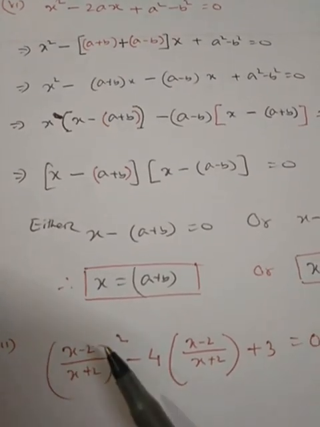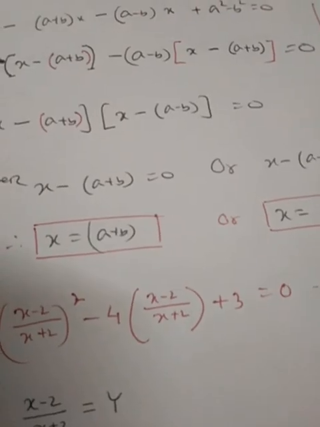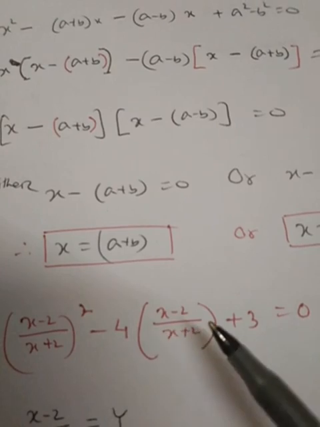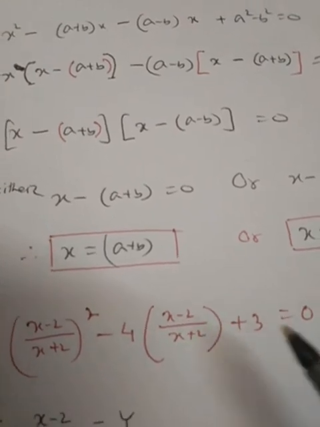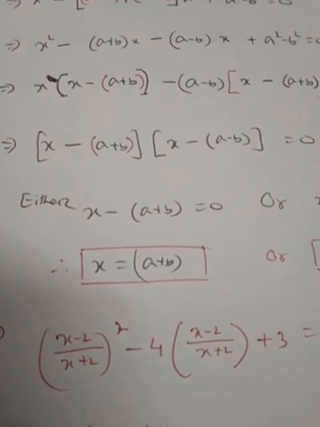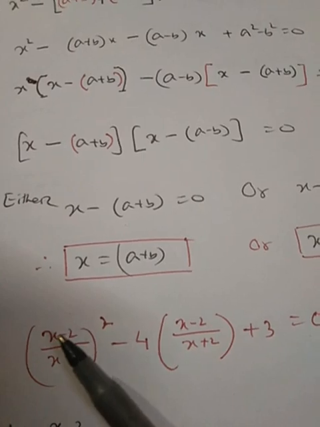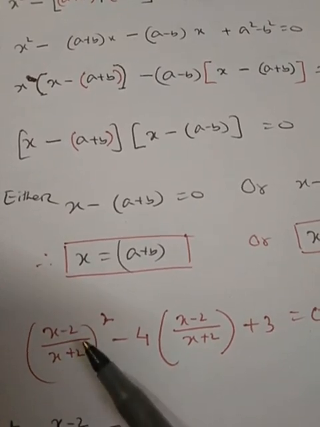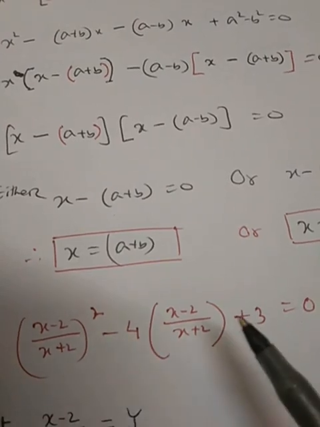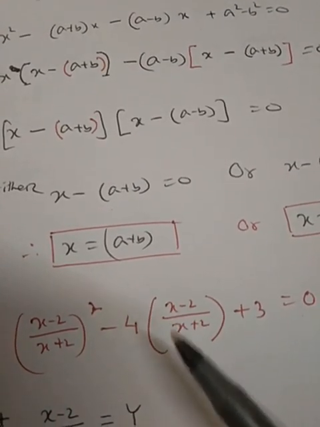Now come to one more example. Here it is x minus 2 by x plus 2 whole square minus 4 into x minus 2 divided by x plus 2 plus 3. Now if we break this part, x minus 2 whole square by x plus 2 whole square, using the square formula and taking LCM and simplifying, then we will get one long equation, and the process will also be very lengthy.